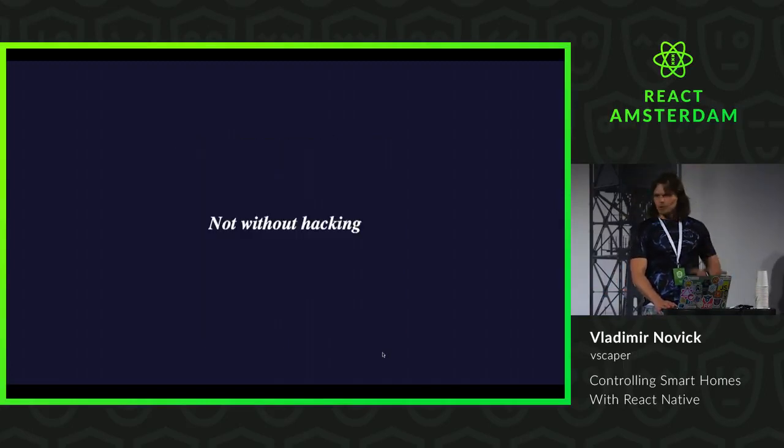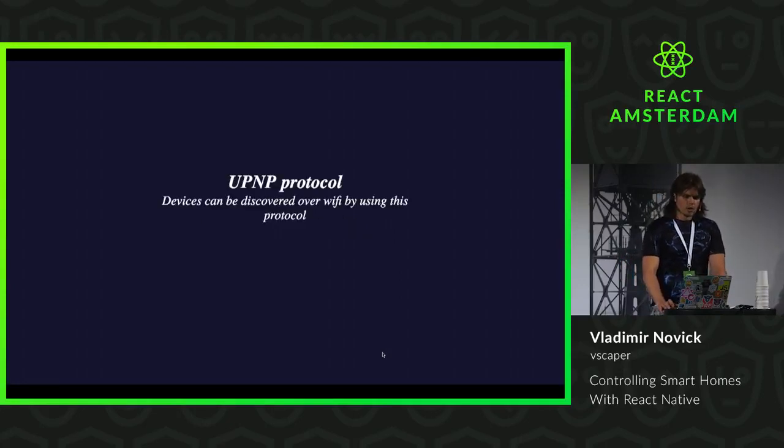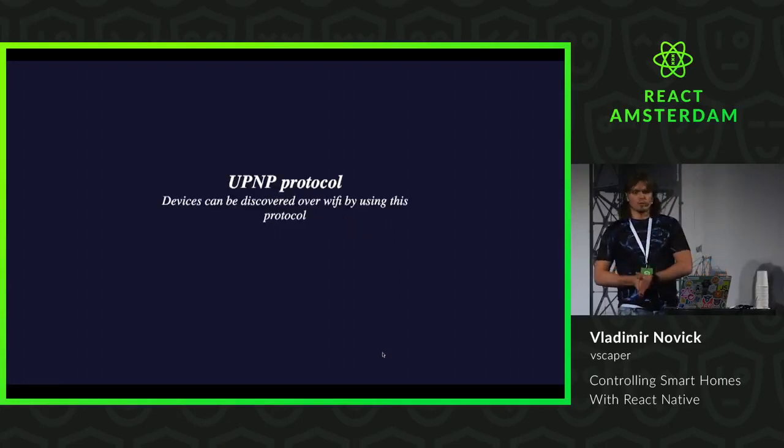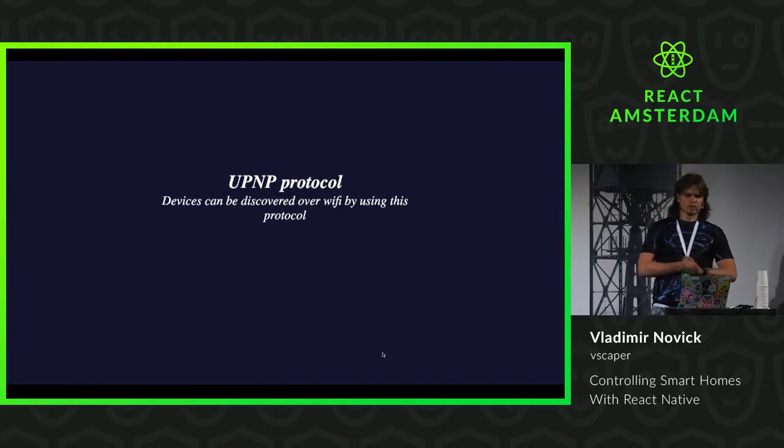But we need a little bit of hacking, because we have various protocols, so we need to find out IPs of devices and stuff like that. So there is the UPnP protocol. UPnP is a universal plug-and-play protocol that we can use to discover which devices are on the same network.